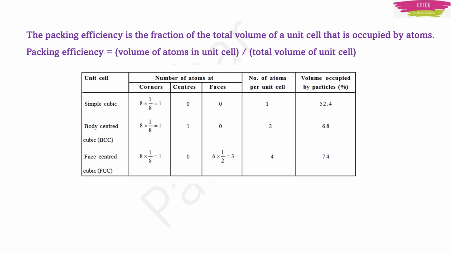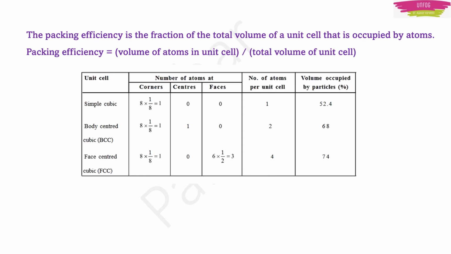Now, when we are talking about these crystal systems, we are telling that these are solids only, right? So if they are solids, we need to know how nicely they are packed. Correct? So that thing we call packing efficiency. Packing efficiency means nothing but volume of atoms in unit cell divided by total volume of unit cell. So how much volume does the particular atom take in that unit cell?